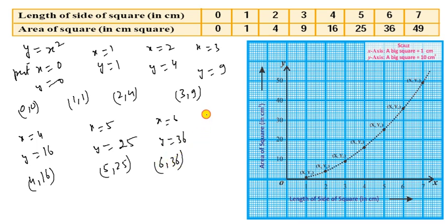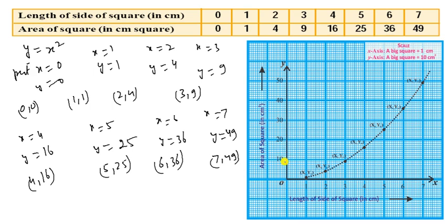And the last, put x equal to 7, so y is equal to 49, so the point is 7 and 49. So you have to see here, on 1 that is 1, on 2 that is 4, on 3 that is 9, on 4 that is 16, on 5 that is 25, on 6 that is 36, and on 7 that is 49. Now we want to plot the graph.